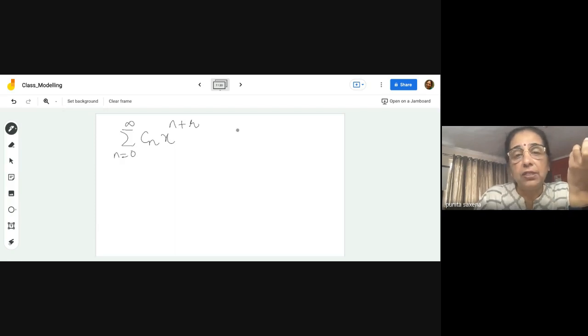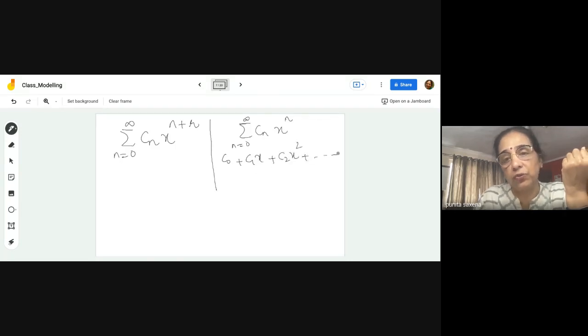See, what is the difference between this series and this series? Here, the series is something like c0 plus c1x plus c2x square and so on and so forth. That means you are starting with x equal to 0 in this series, and the series is in increasing powers of x, right?